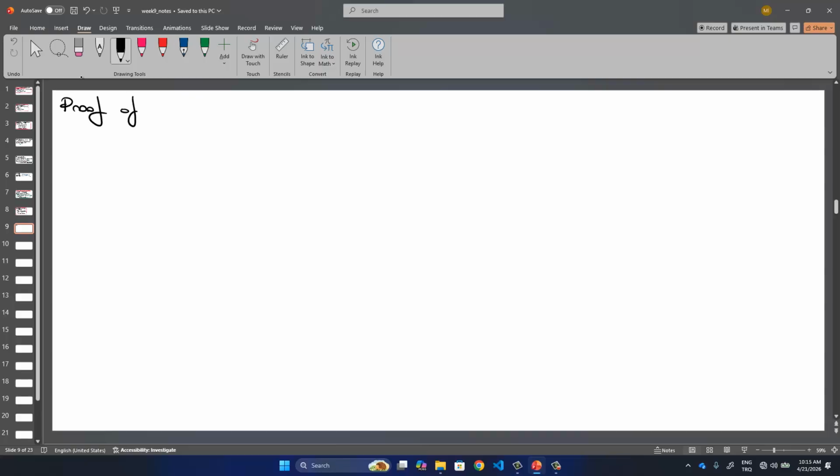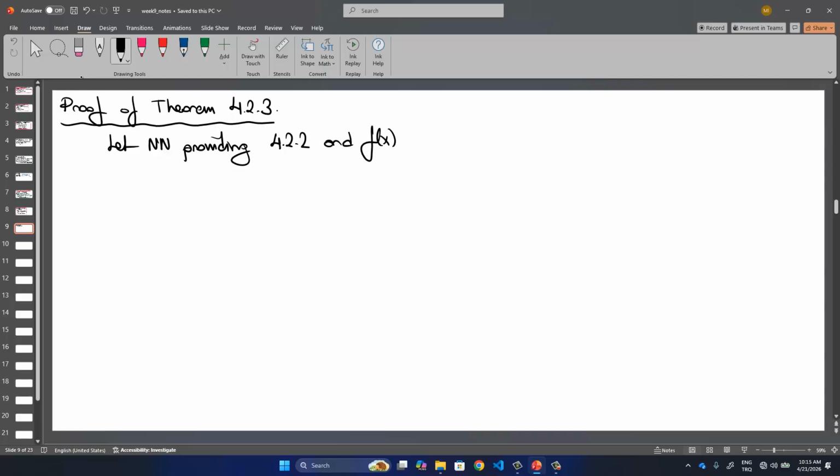Proof of theorem 4.2.3. Detaylı providing 4.2.2 and f x with 4.1.8. Bunların hepsini yazdık arkadaşlar.